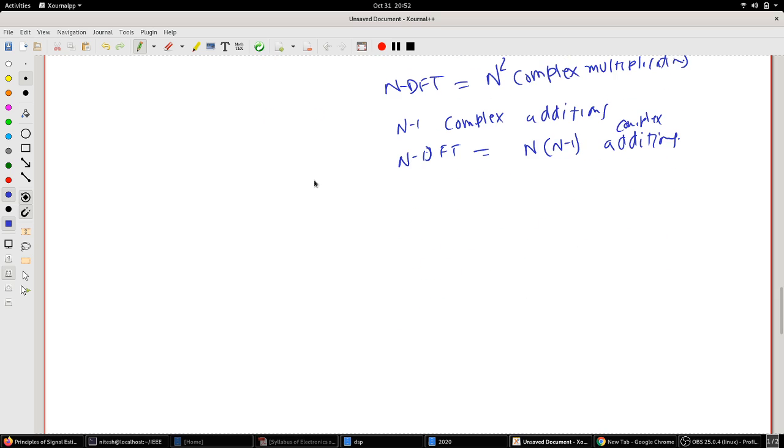So if we think about it, let's say you want to calculate a 64 point DFT, right, it's basically 64 square complex multiplications involved, right? 64 square is 2 raised to 6 into 2 raised to 6, which is 2 raised to 12. So 2 raised to 12 is 4096 complex multiplications.